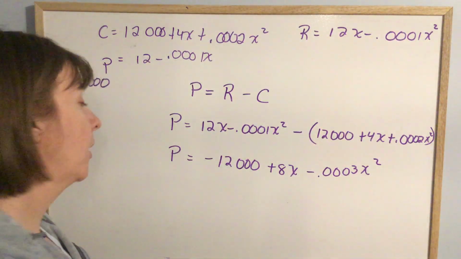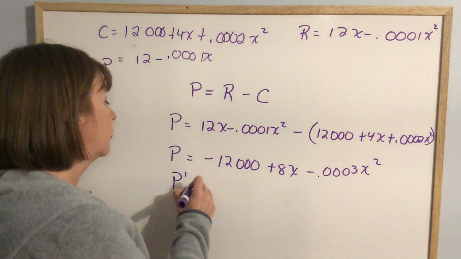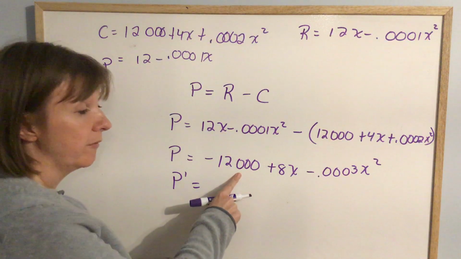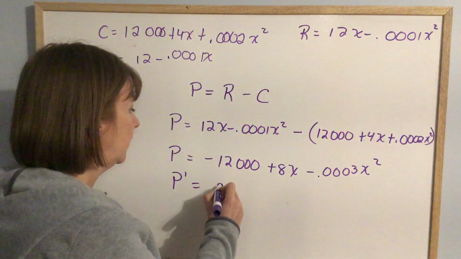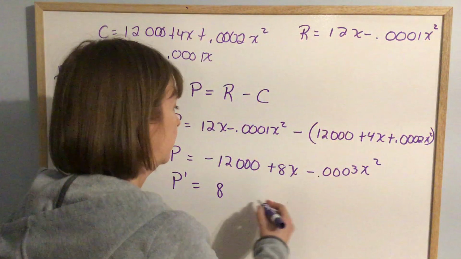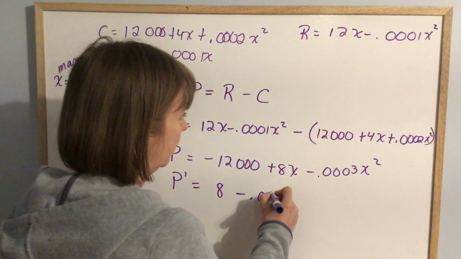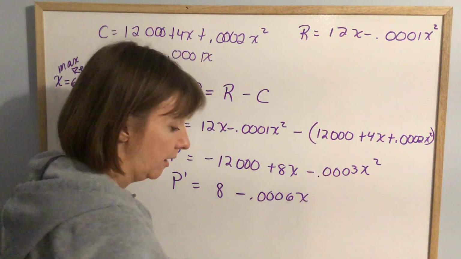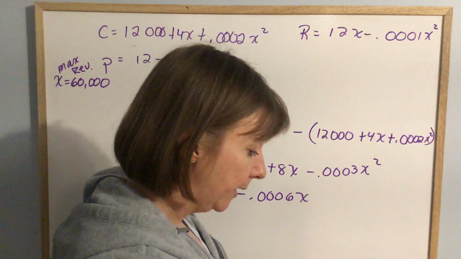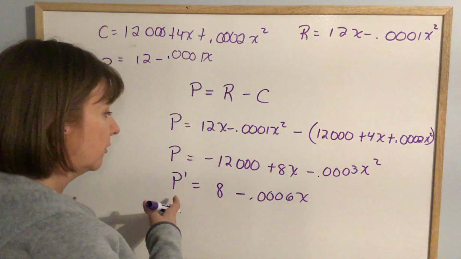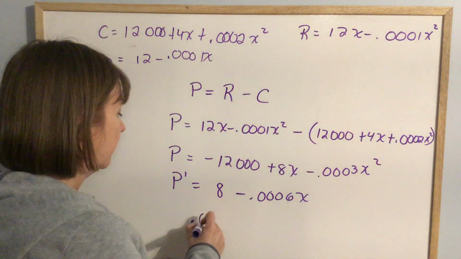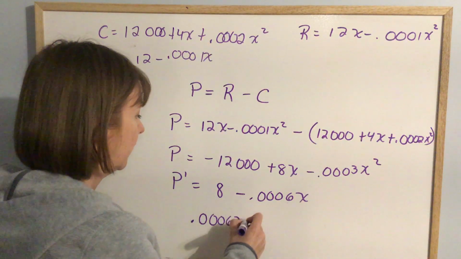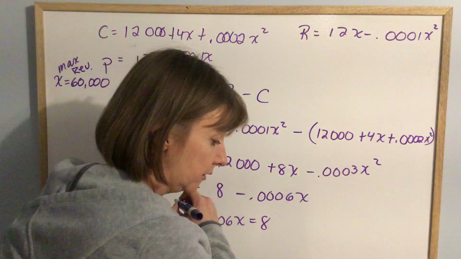Now I want to maximize profit, so I take the derivative. The derivative of 12,000 is 0, this would be 8, and I'd bring my 2 down and have minus 0.0006x. Then I make that equal to 0 and solve. So 0.0006x is equal to 8.